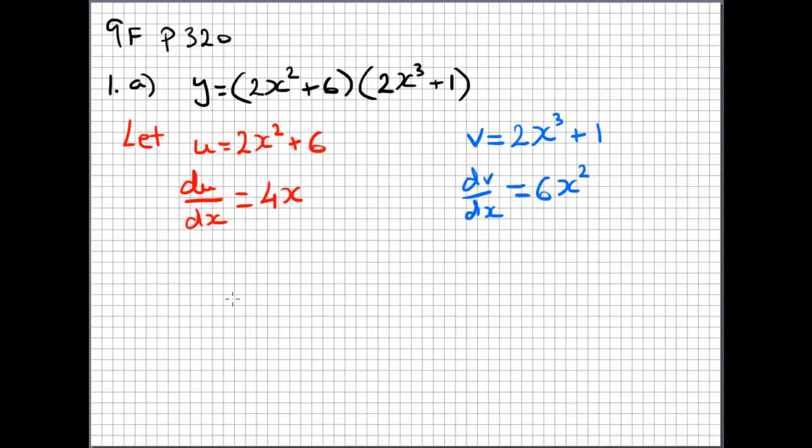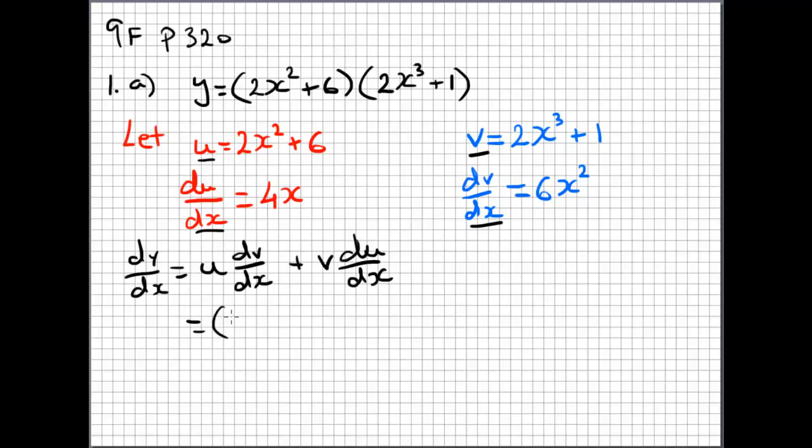So using the product rule, dy/dx equals u dv/dx plus v times du/dx. We have our u, we have our du/dx, we have our v, and we have our dv/dx.